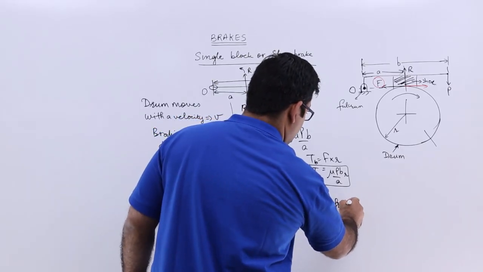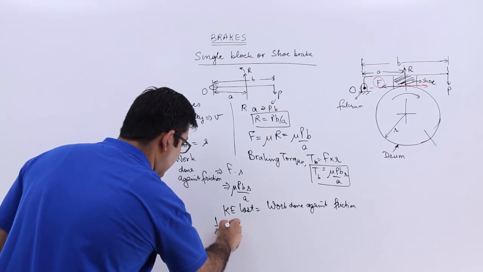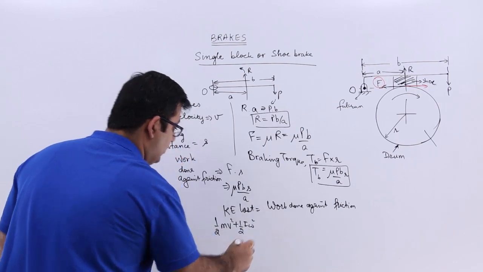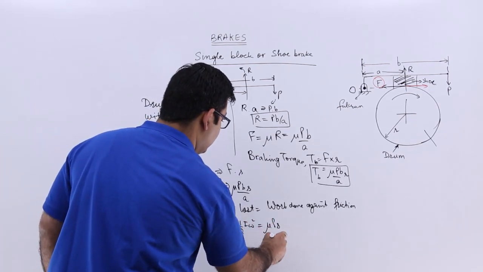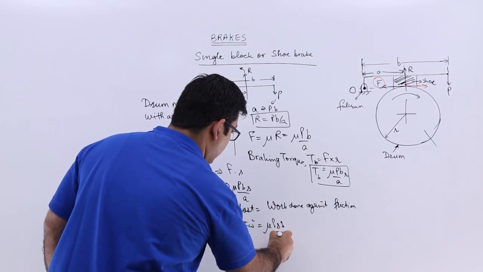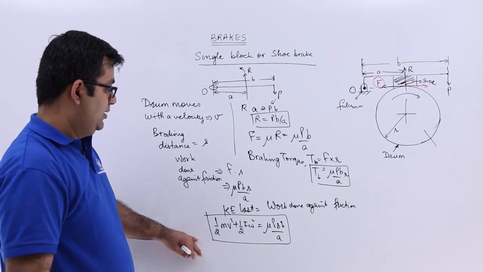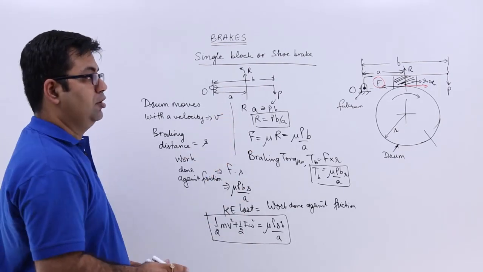So this would be 1 by 2 m v square plus 1 by 2 I omega square is equal to mu into P b s upon a. So you can use this formula to calculate the required parameter in a single block or shoe brake.